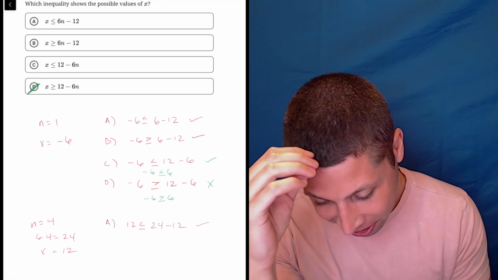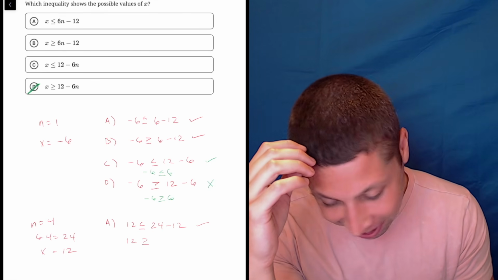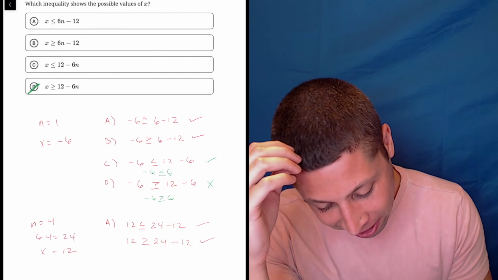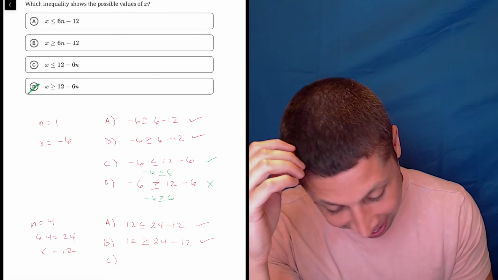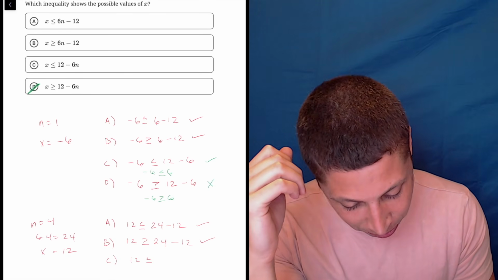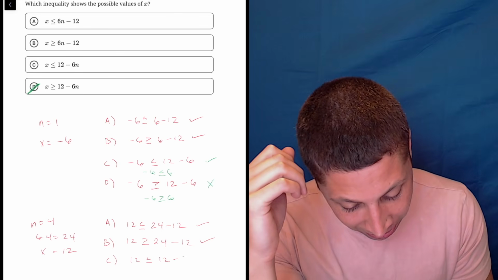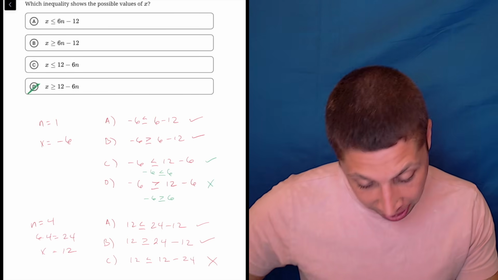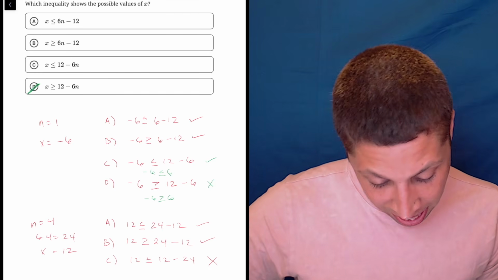Let's just keep going. 12 is greater than or equal to 24 minus 12, so that's going to also work because of the greater thans and the equal to's. That's choice B. And then C, 12 is less than or equal to 12 minus 24, so that's not true. 12 is not less than negative 12.